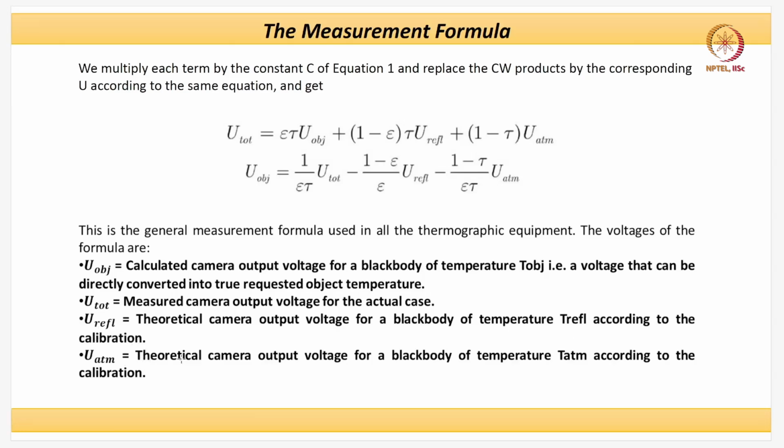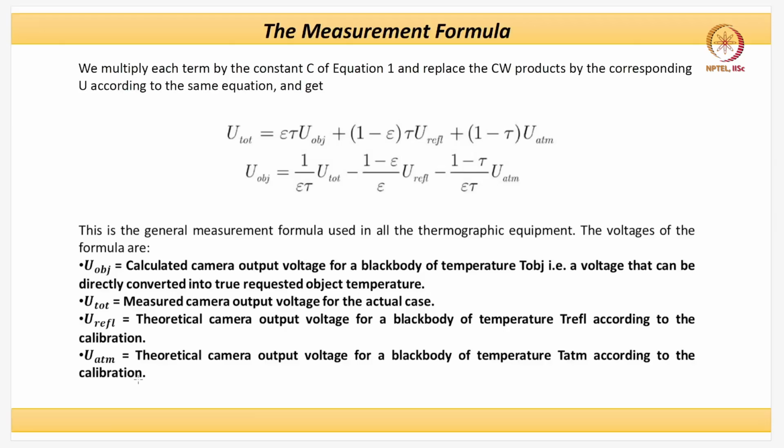And U atmosphere is again the theoretical camera voltage for a black body of temperature T atmosphere according to the calibration. You can see where these things are coming from now. The U object ideally would be the calculated camera output voltage for a black body at temperature T object. That is what it should be, because you have taken away the epsilon and the tau terms now.